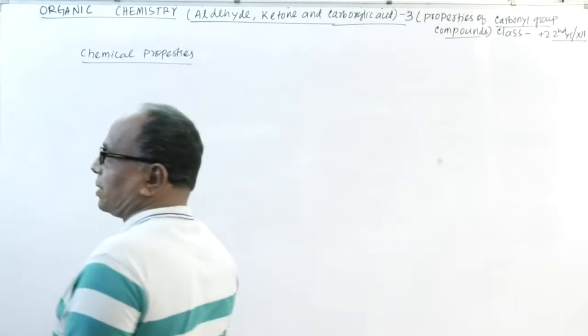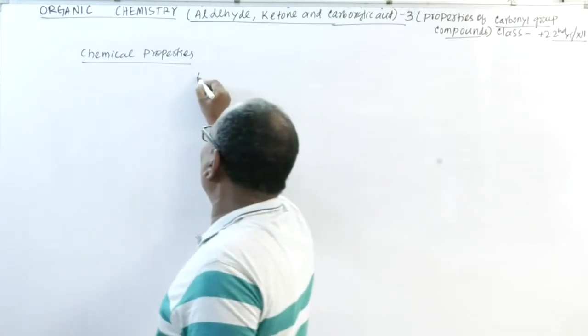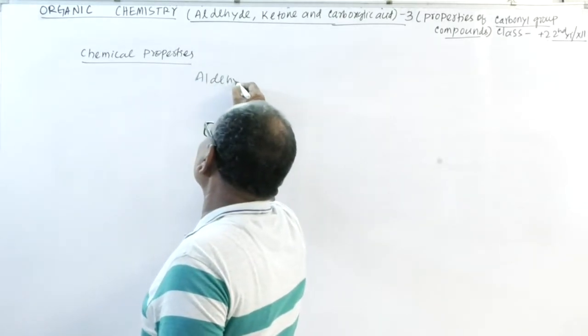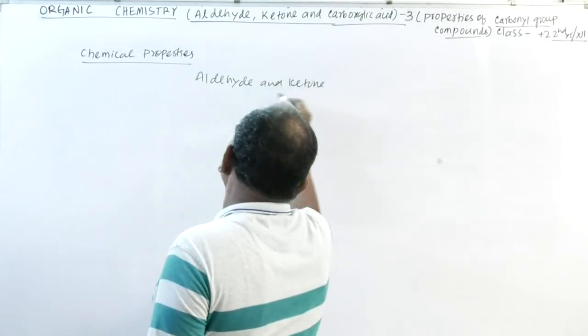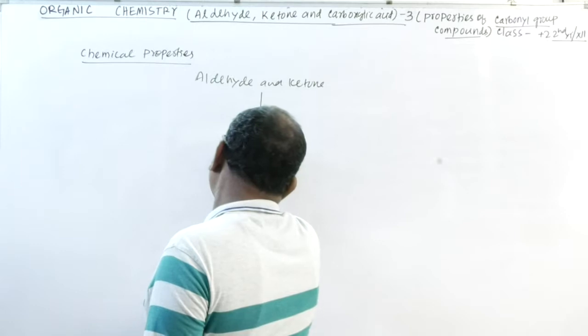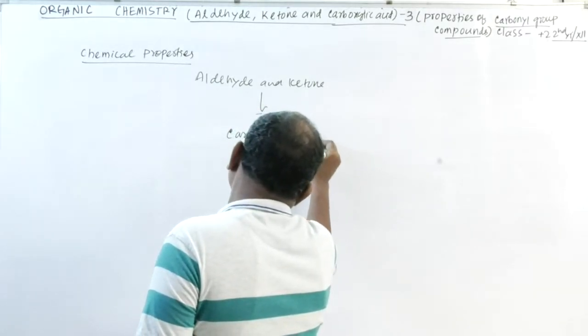Chemical properties. The chemical properties of aldehyde and ketone are due to the presence of carbonyl.